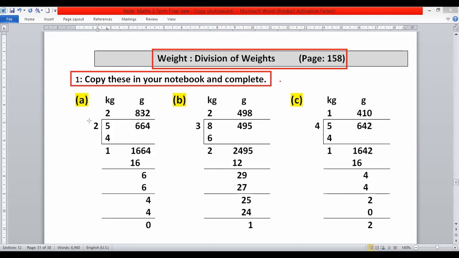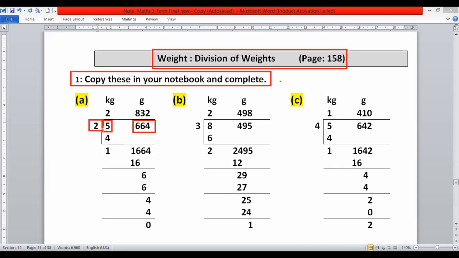Dear students, here in part A, kilogram and grams are given. 5 kg and 664 grams are given, and you have to divide by 2. Look at part A very carefully.